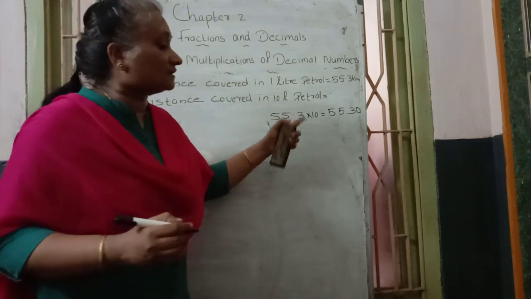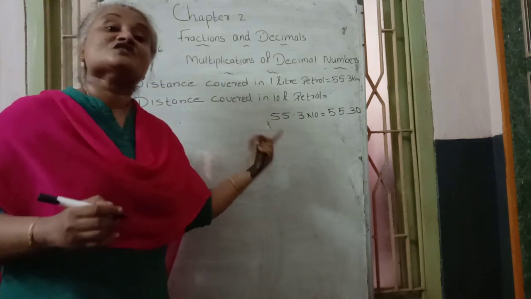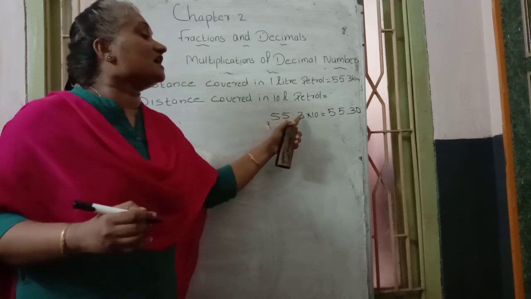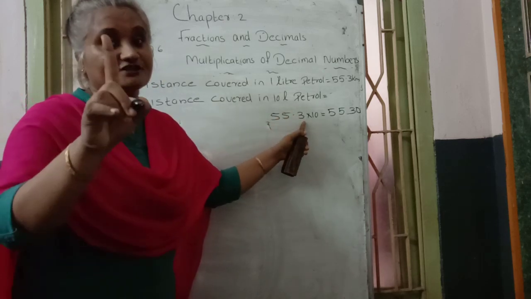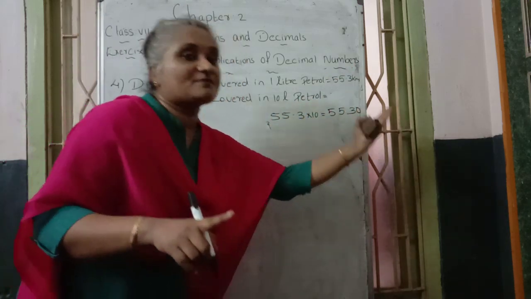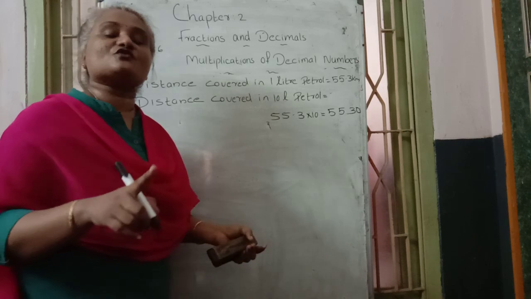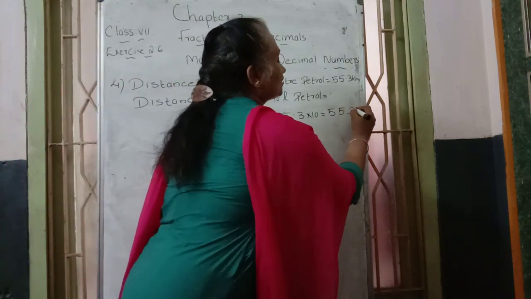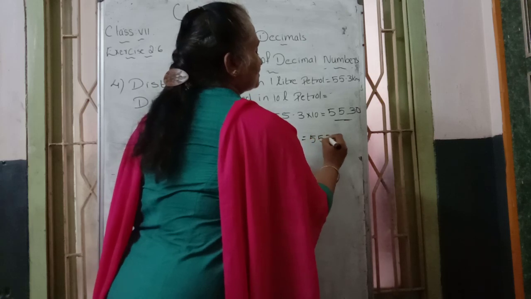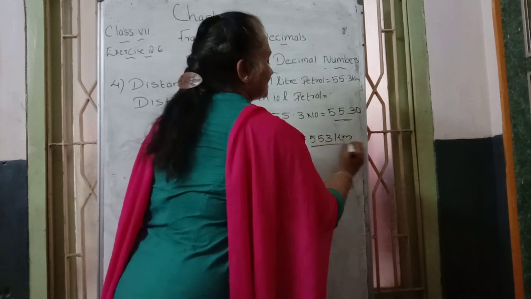Then look once again at the question. After the decimal point, how many digits are there? 1 digit. So in the answer place, count from right to left, count one place and put the decimal point. So how much is our answer? 553.0, which means leave the 0.